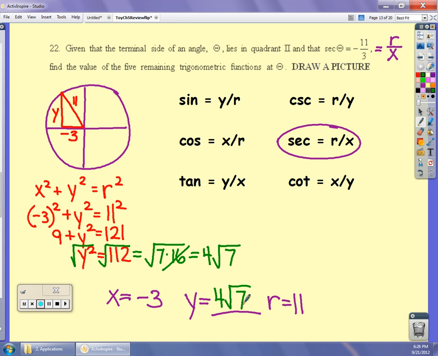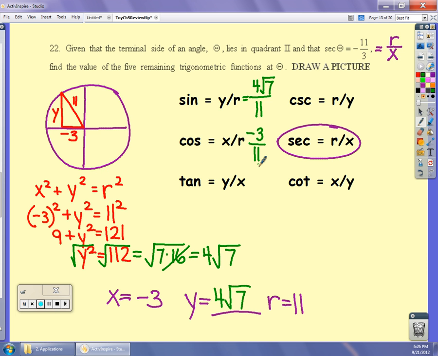Now that we know x, y, and r, we can easily figure out the rest of our ratios. If sine is y over r, then sine is 4 square root of 7 over 11. Cosine, x over r, is negative 3 over 11.